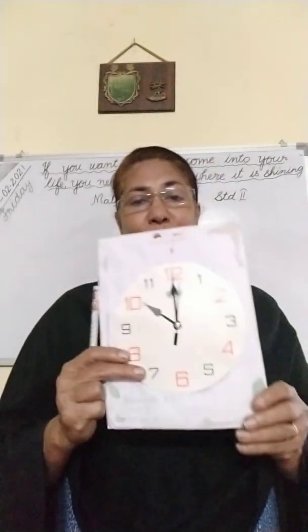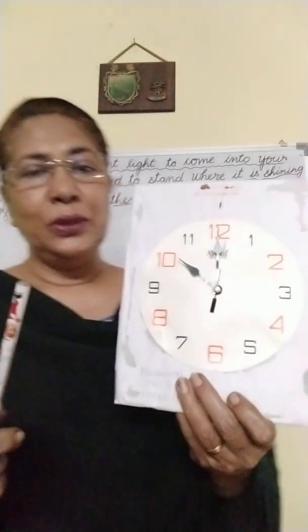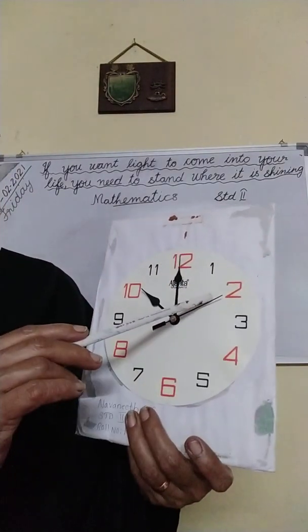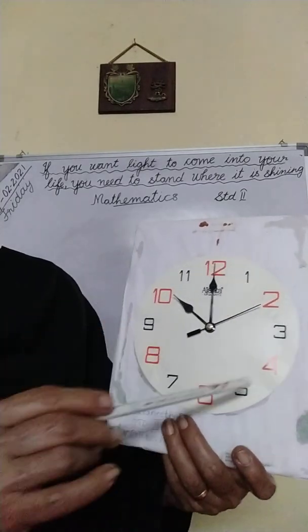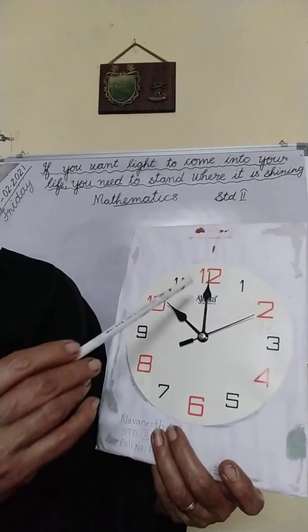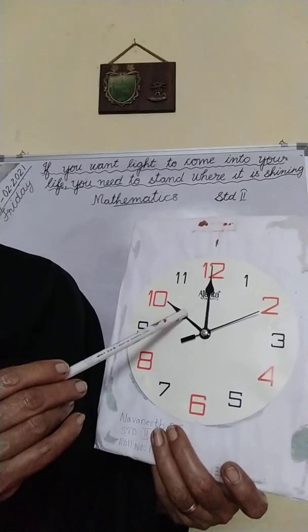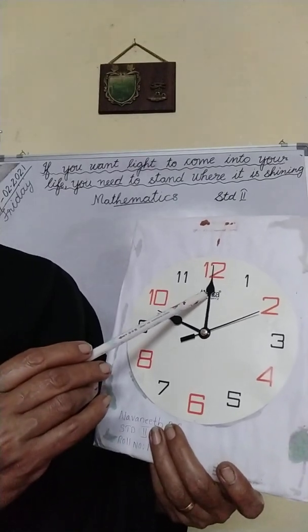So once more, let me show you the clock. I told you in the last class, this is the second hand. It has to go around 60 times to make 1 minute. Now this is the hour hand, and this is the second hand.